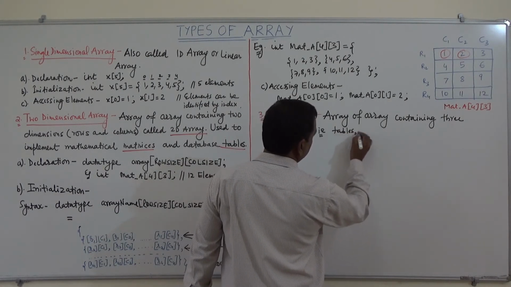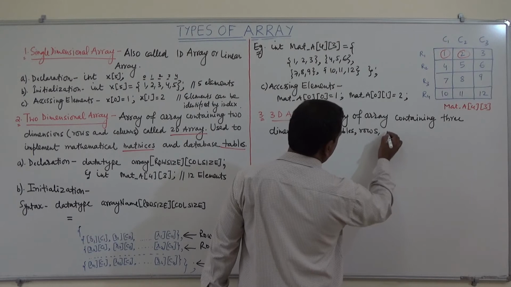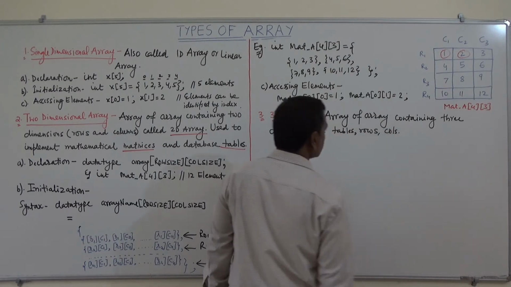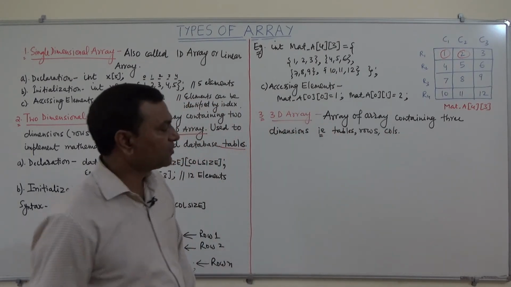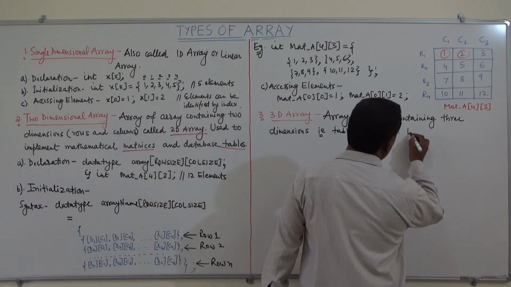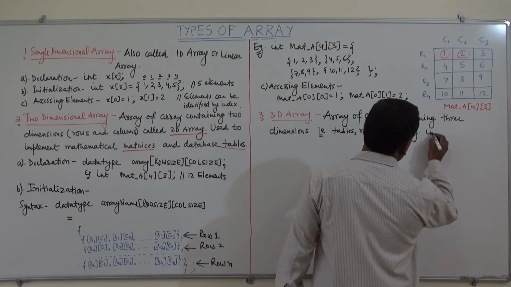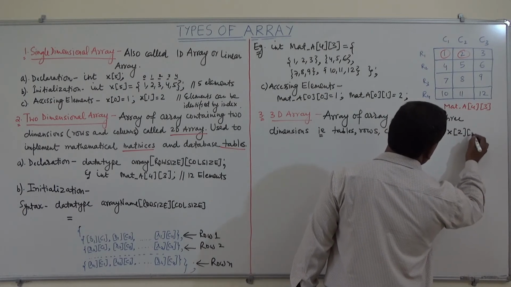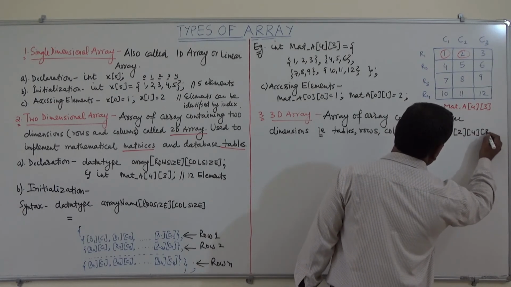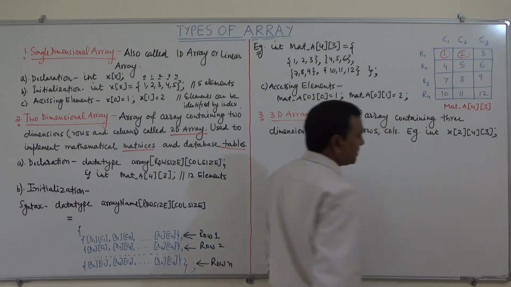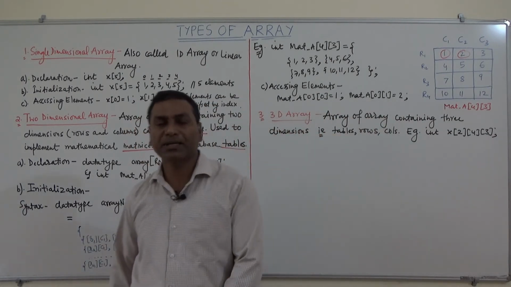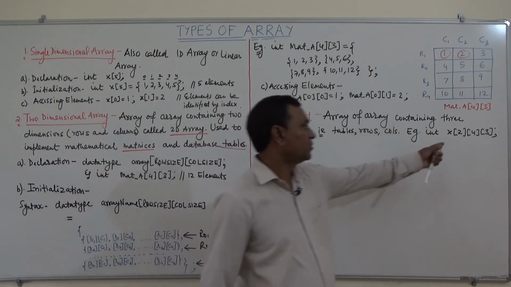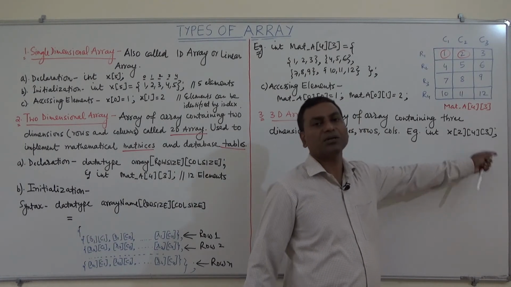Tables, rows and columns. For example, we can write int x 2 4 3. It means this 3D array will contain 2 tables, 4 rows and 3 columns.